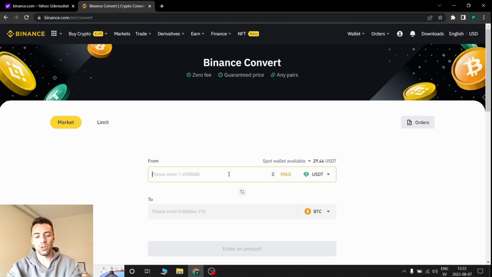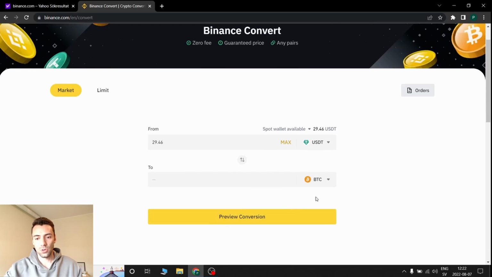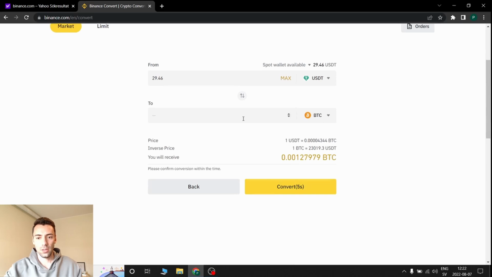So for example, you want to change 100 USDT to Bitcoin, and I only have 32, so I just put max. You want to change this amount of USDT to Bitcoin. So let's first preview the conversion here.